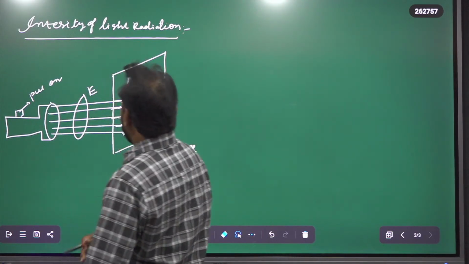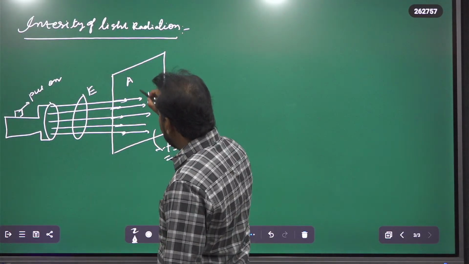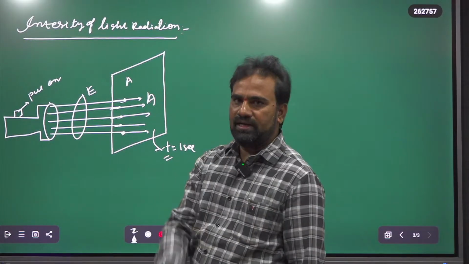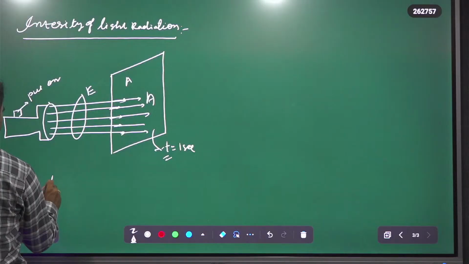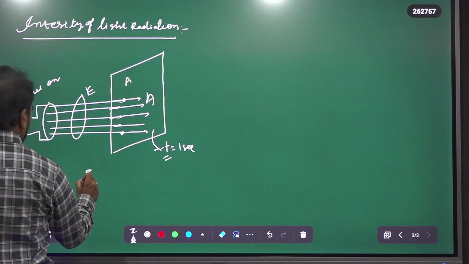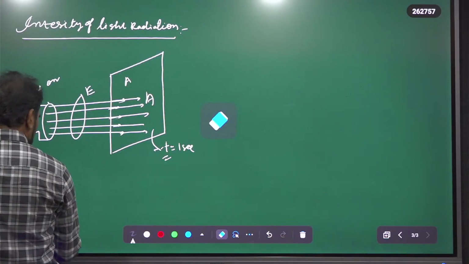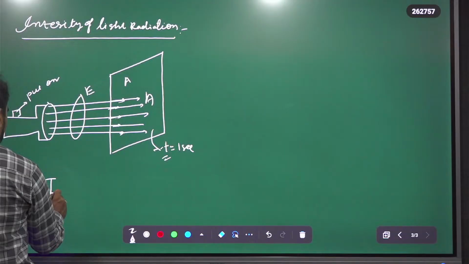The amount of energy transmitted through a surface per unit time per unit area is called the intensity of light.